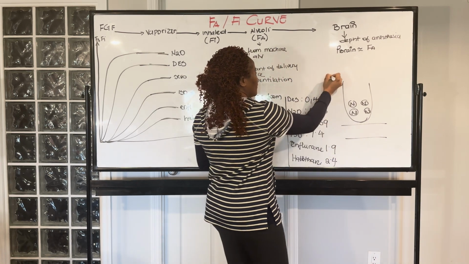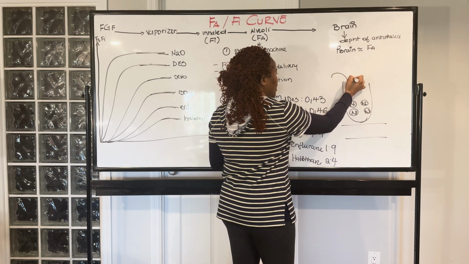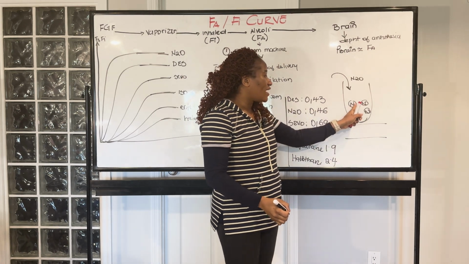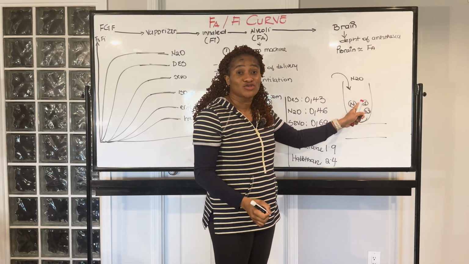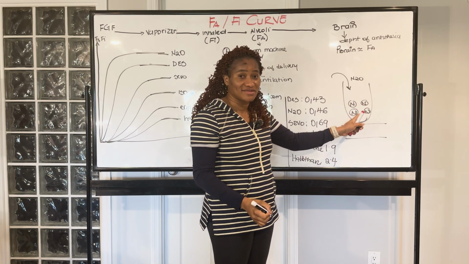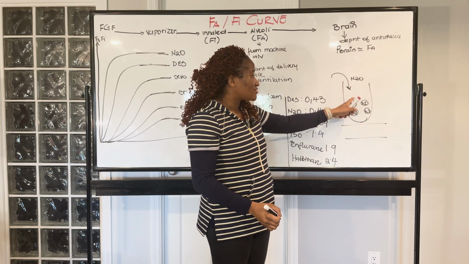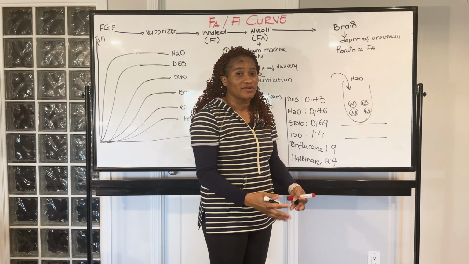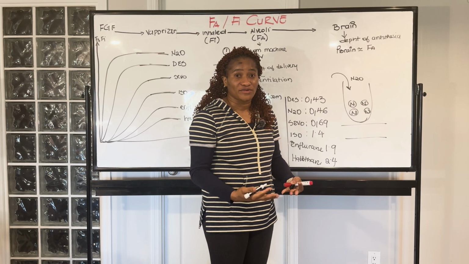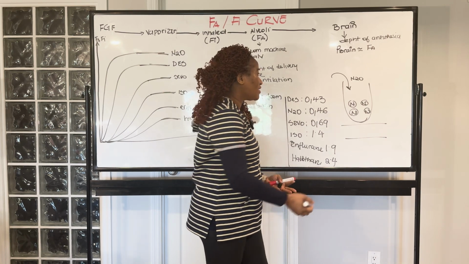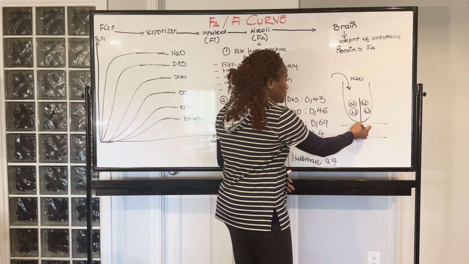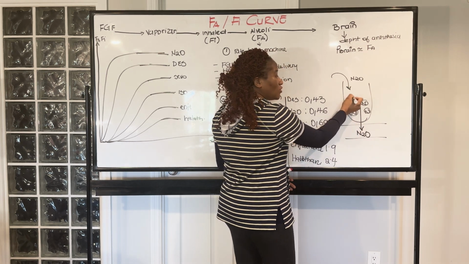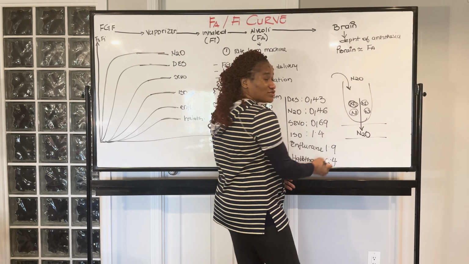So when we give nitrous oxide to our patient, nitrous oxide is 34 times more soluble than nitrogen. So this nitrous oxide getting into our alveoli, filling our alveoli, building that pressure gradient inside the alveoli, is going to rapidly diffuse into the blood because it's 34 times more soluble than nitrogen.